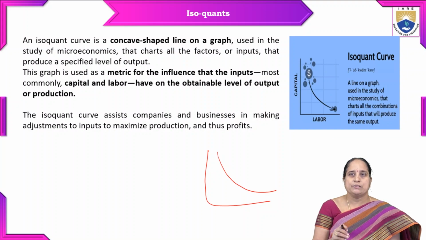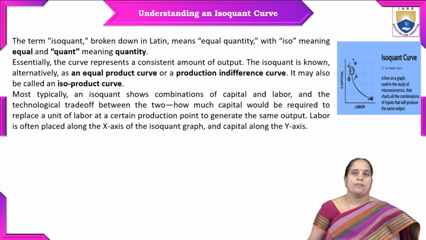So this graph is used as a metric that influences the inputs. Most commonly we are going to discuss capital and labor. They have an obtainable level of output or production. The Isoquant curve assists companies and businesses in making adjustments to inputs to maximize production and thus profits.